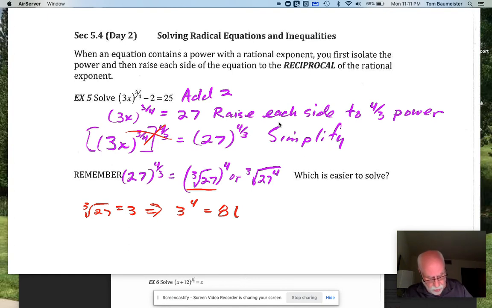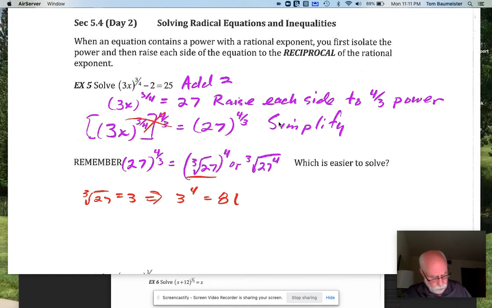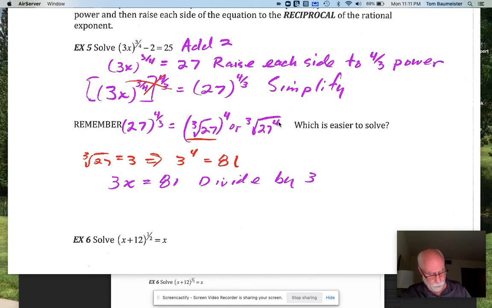So we're just going to have 3x is equal to 81. And now we're going to divide by 3. And when we do that, we will get that x is equal to 27.